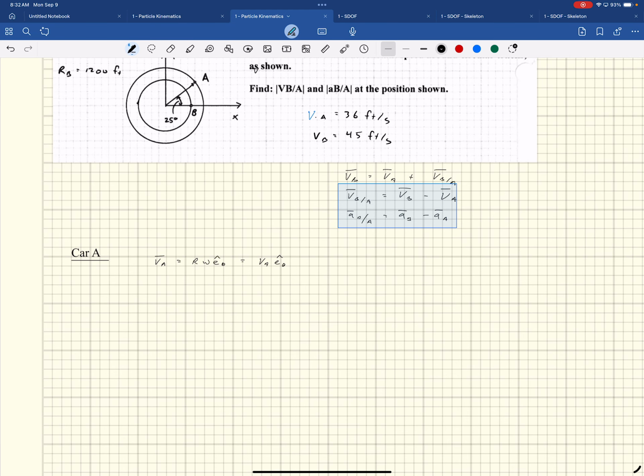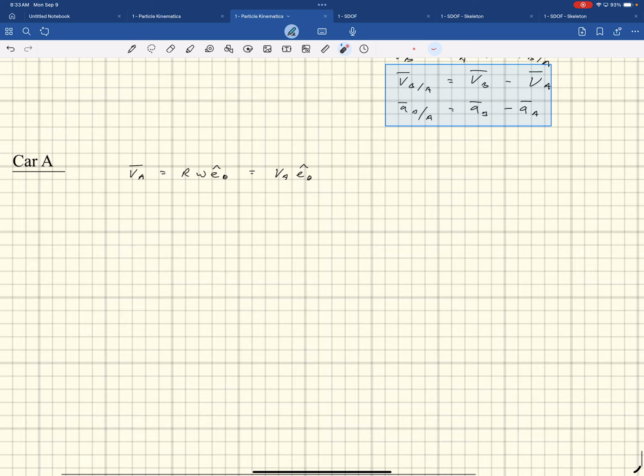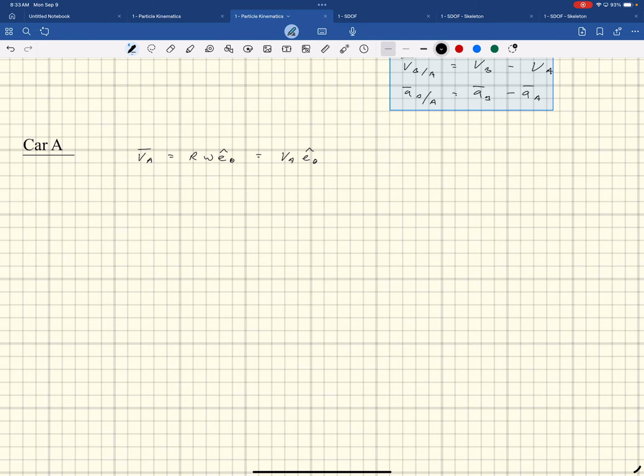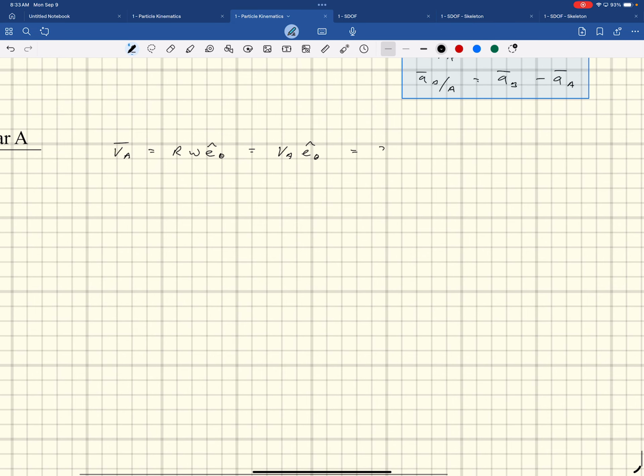In this case, calling it velocity VA makes it easy. The e theta is going that way, and ER is going that way for car A, and that's just going to be our velocity in the e theta direction. Or r omega, they're all related to each other. We talked about that before, right? In this case, it's easier to call this velocity of A in the e theta direction. So this is going to be equal to 36 in the e theta direction, and that's feet per second.